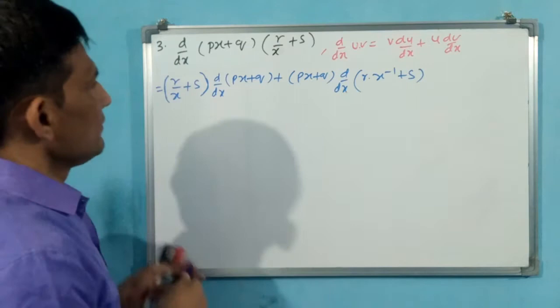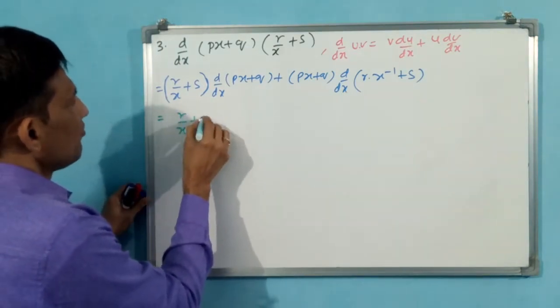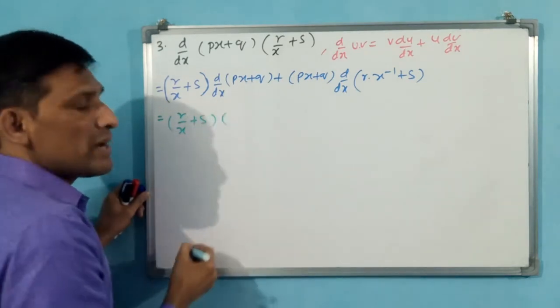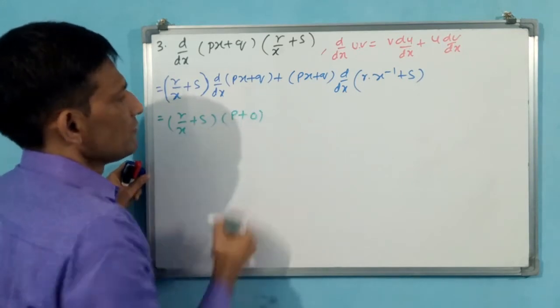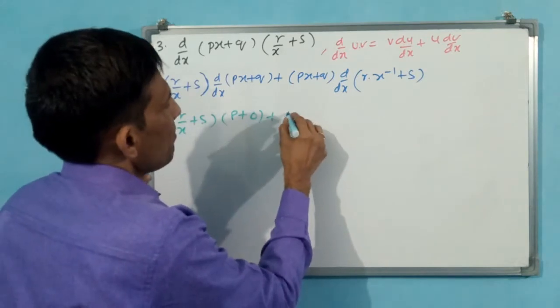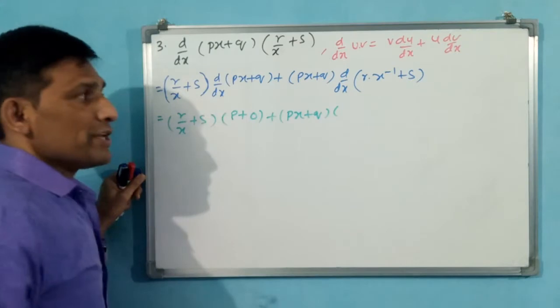Okay. Now you see what will happen. That is equal to r by x plus s into d by dx. You see, d by dx of px is p plus d by dx of q is 0. Okay, not o, this is 0, plus px plus q into d by dx.